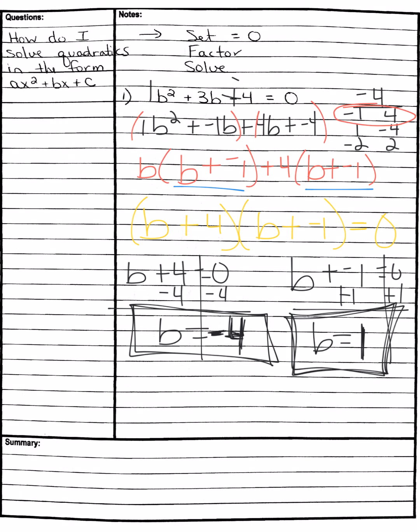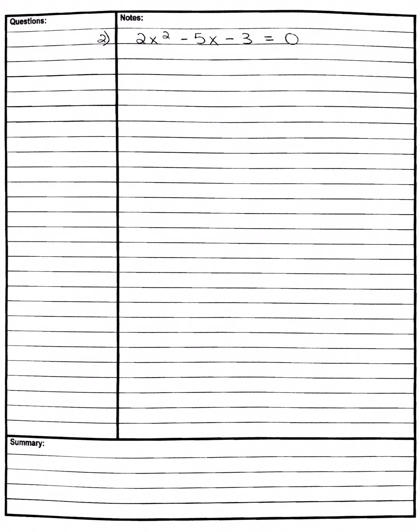We do have to go through the factoring in order to solve these. We have our ax squared, our bx, and our c. Let's look at one more problem. This is an example where a is not 1, so we needed to review how we go through our grouping method. We're looking at negative 6.